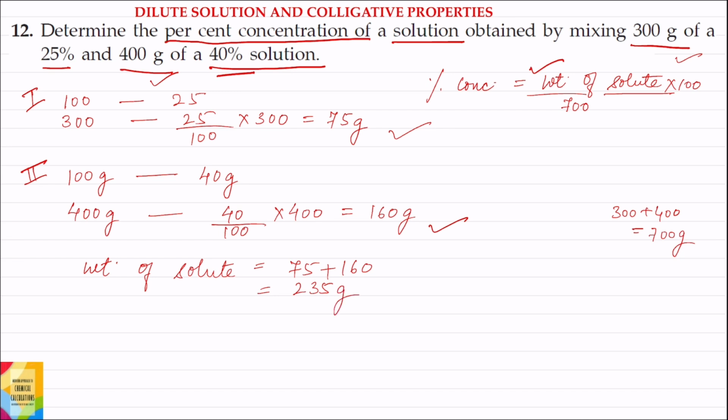Now putting the value of the weight of solute in this formula, we get the percentage concentration of the final solution. So percentage concentration of the final solution is equal to 235 divided by 700 into 100, and this is equal to 33.6%.